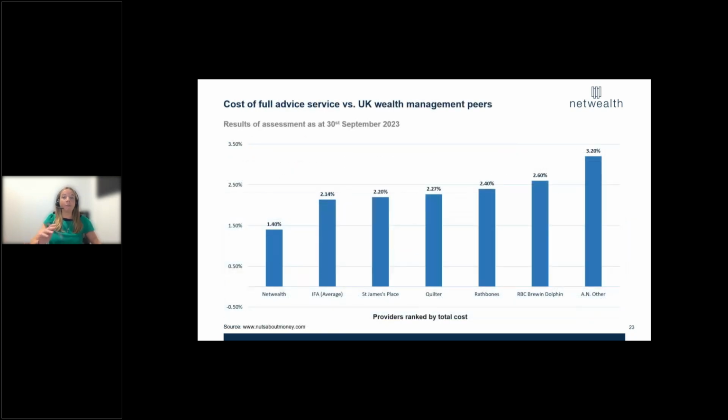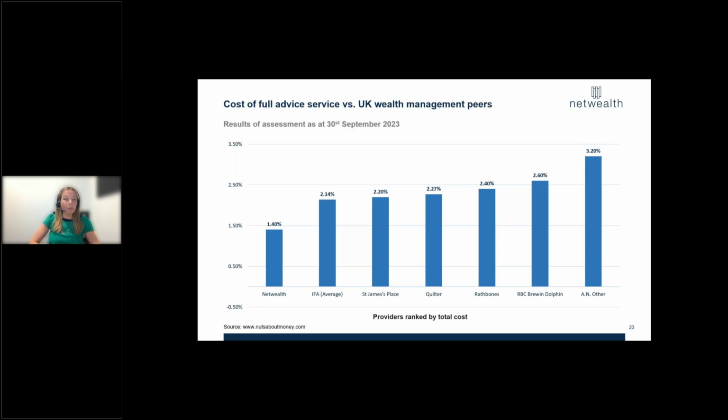And just to provide a bit of context on this, because we've had a couple of questions on how our fee compares to our peer group of wealth managers, I thought this chart here shows it quite nicely. What we're looking at here is the cost of a full Netwealth investment and advisory service versus our UK wealth management peer group.